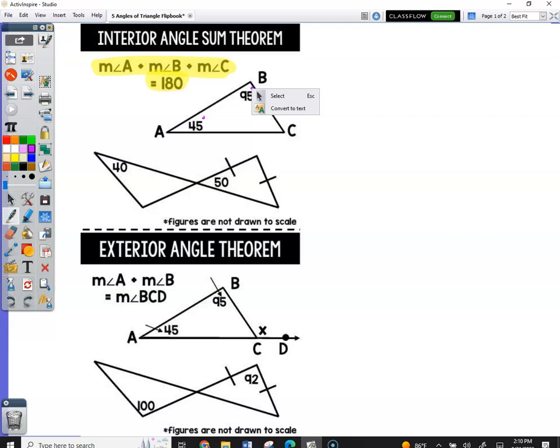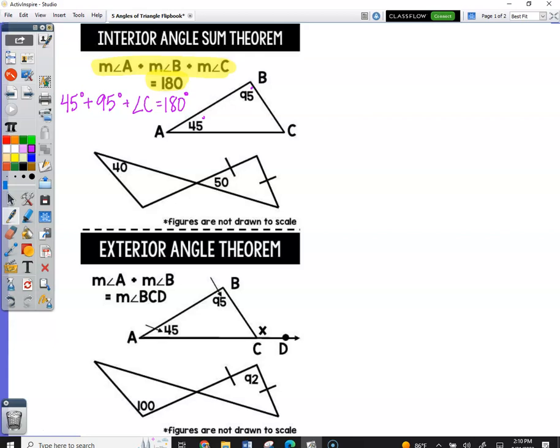The long way is to say, well, I know one angle, 45, plus the other angle that's 90, plus the other angle that's 95, plus the 3rd angle that I don't know has to equal what? 180. That's one way to do it. That's a longer equation, but it works every time. It's the bam, bam, bam, added together has to equal 180.